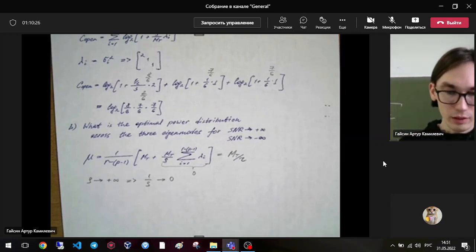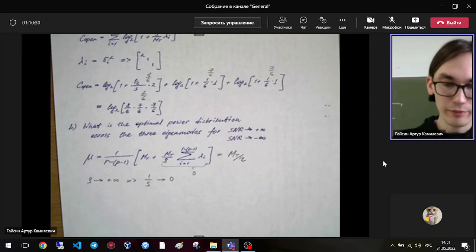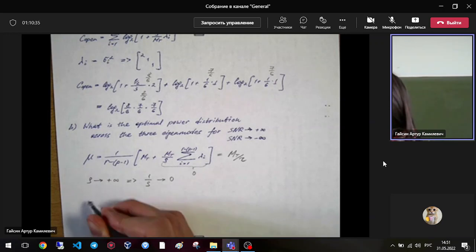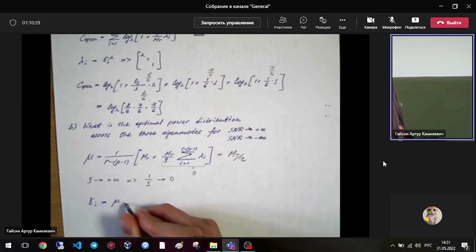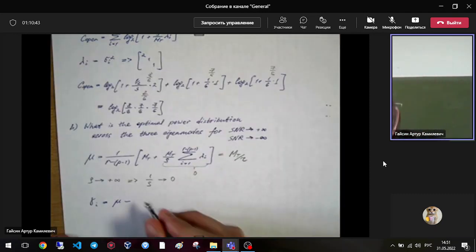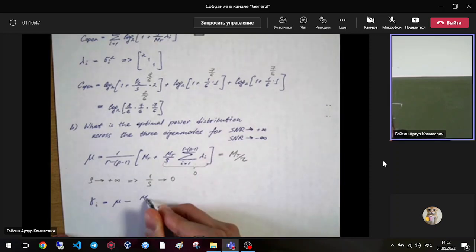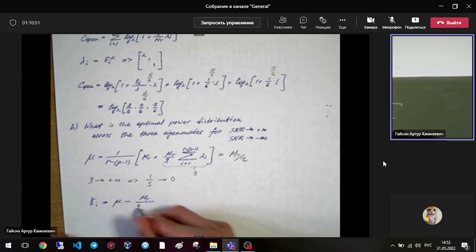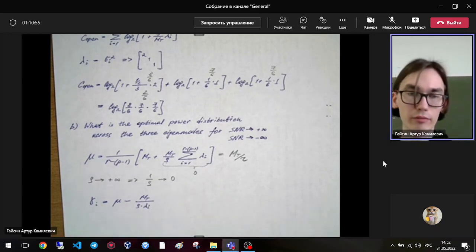Then we should think about the power allocation. So the main thing here is omega i is equal to mu minus MT divided also by this rho times our eigenvalues.